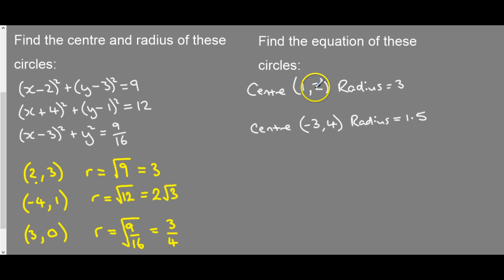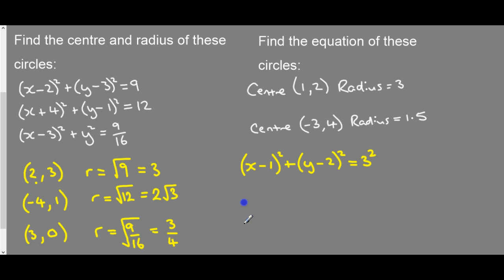Now on to where we're given the centre and the radius of the circle, and we're going to find the equation. So the equation is going to be x minus the x coordinate of the centre plus y minus the y coordinate of the centre. Both of those are all squared, and that's equal to the radius squared, 9.